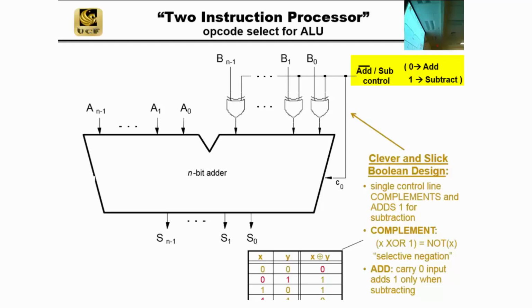Suppose this control line is set to 1. It should compute A minus B. Yes, and Ralph's right. Because he used the adder to compute A plus negative B. Very cool. This is realized as A plus minus B. What's minus B? Since it's a 2's complement number, it's negated plus 1.